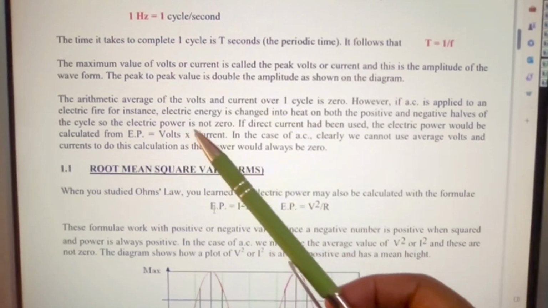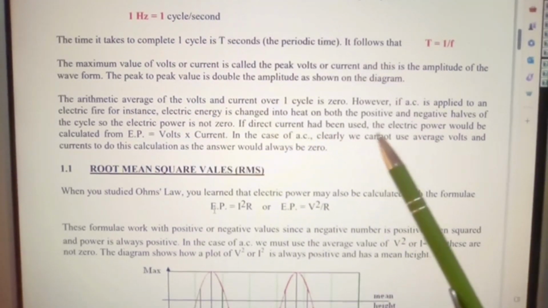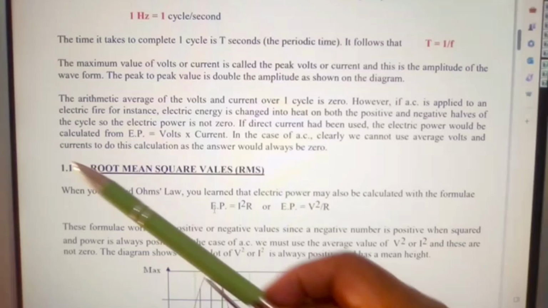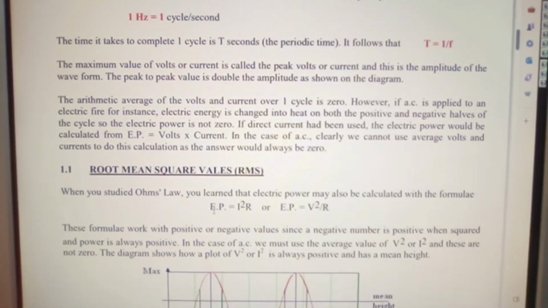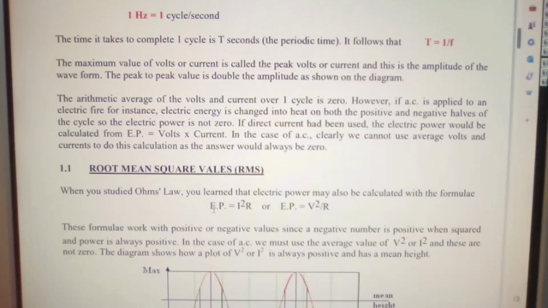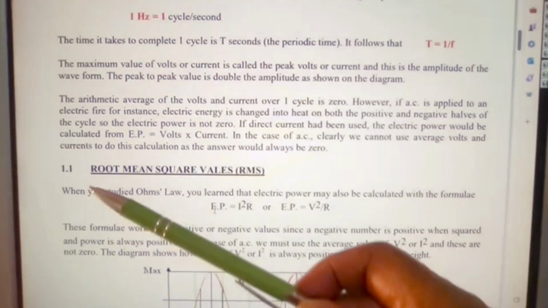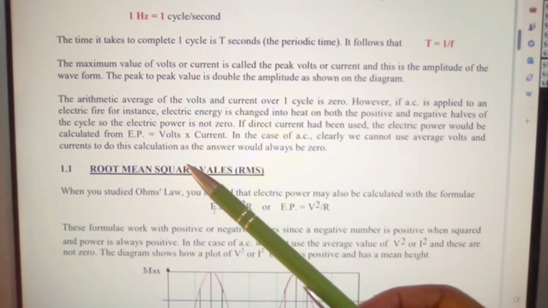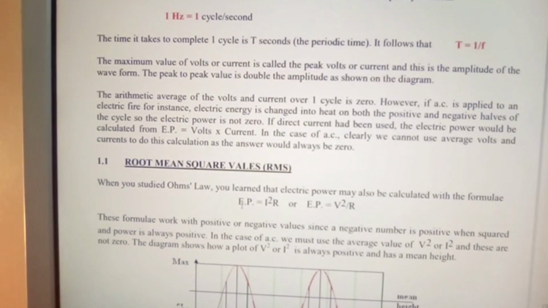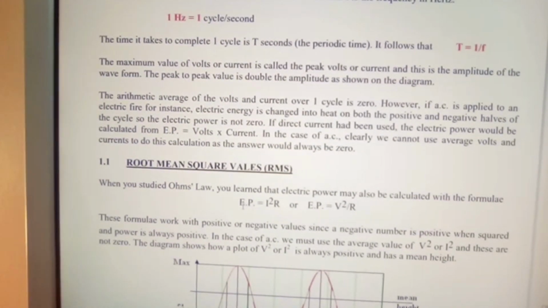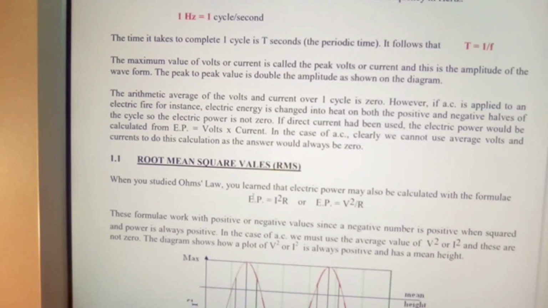So the electric power is not 0. If direct current had been used, the electric power would be calculated from P equals volts times current. In the case of AC, clearly we cannot use average volts and currents to do these calculations, as the answer would always be 0 due to the rising and falling of the AC waveform.